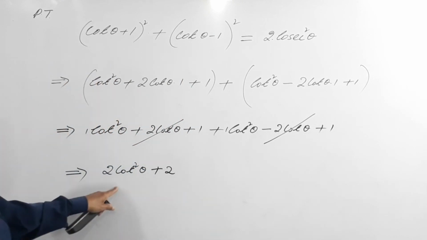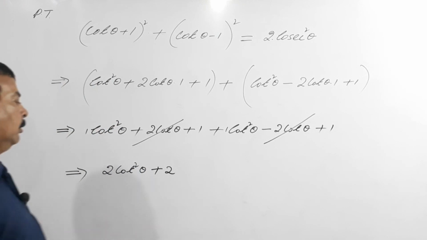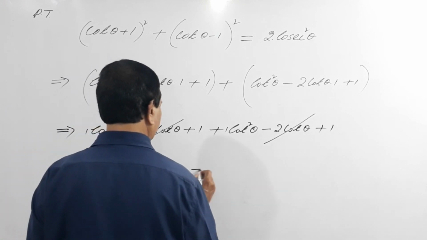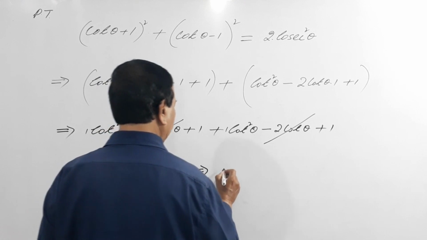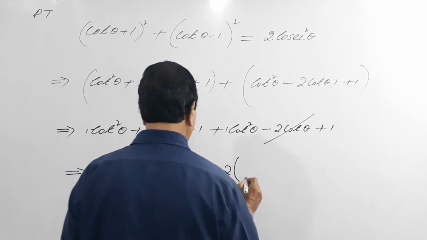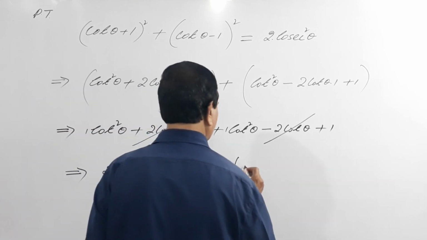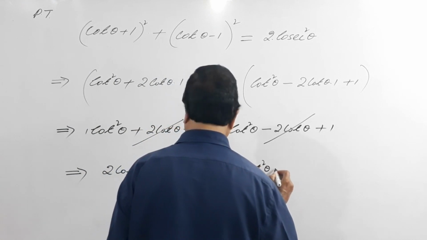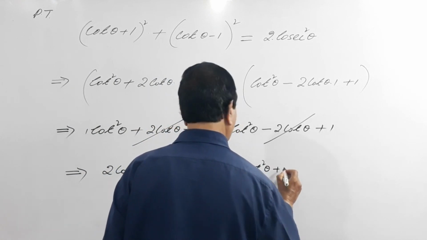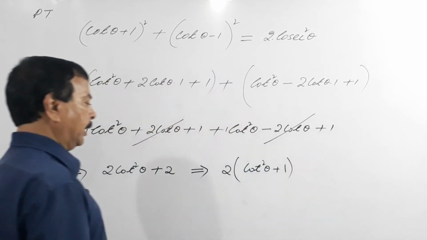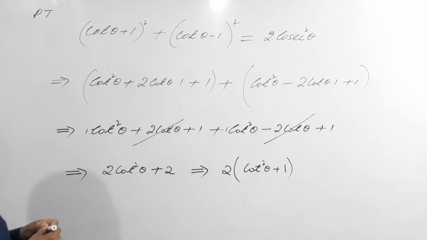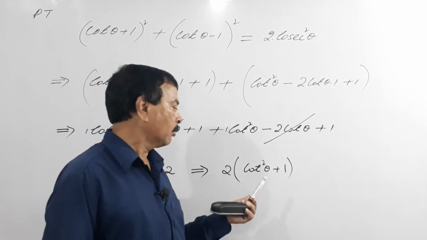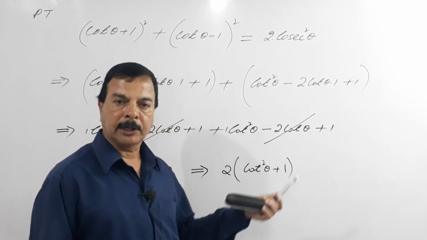So what is common here? I take 2 common, this becomes cot square theta plus 1, right? What is cot square theta plus 1? It is nothing but cosecant square theta.